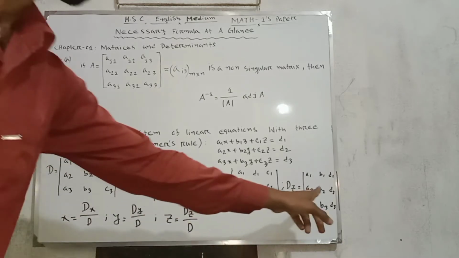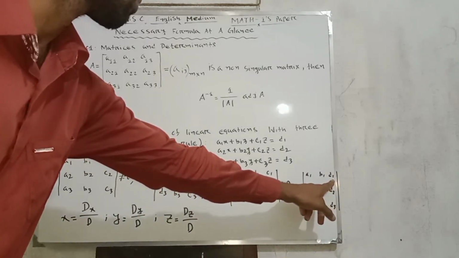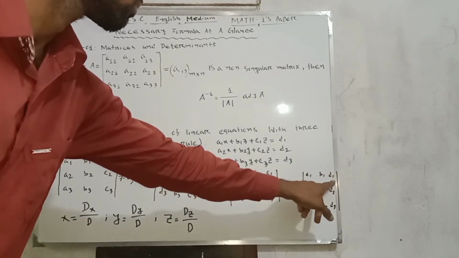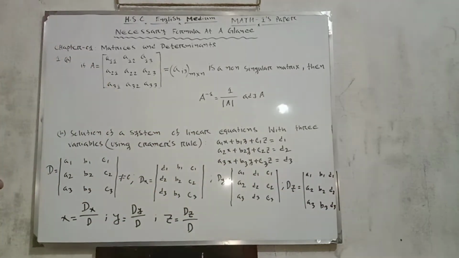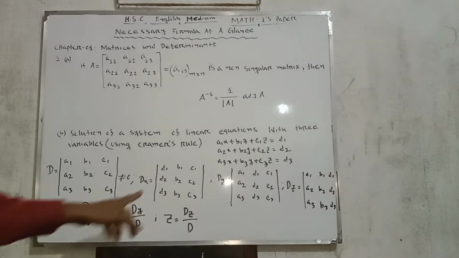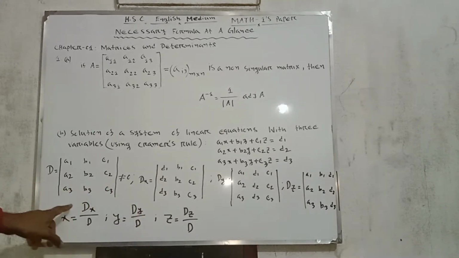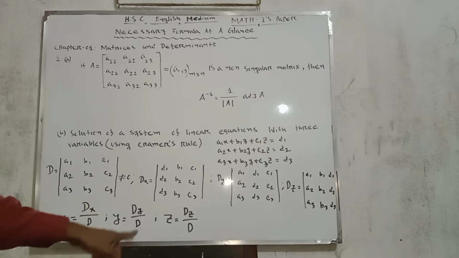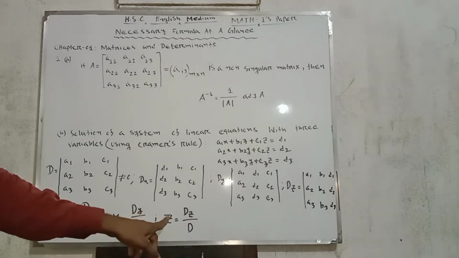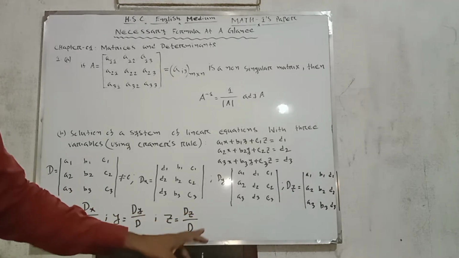Dz equals: change the third column to d1, d2, d3. Okay, next, x equals Dx by D, Dx divided by D, it is the value of x. Next, y equals Dy by D, it is the value of y, and z equals Dz by D.